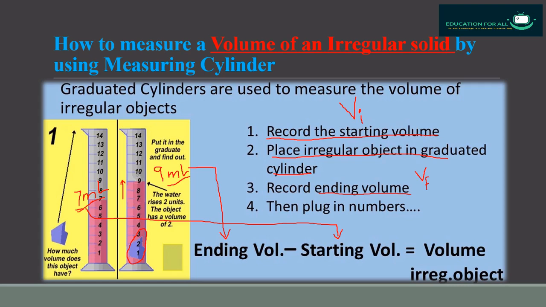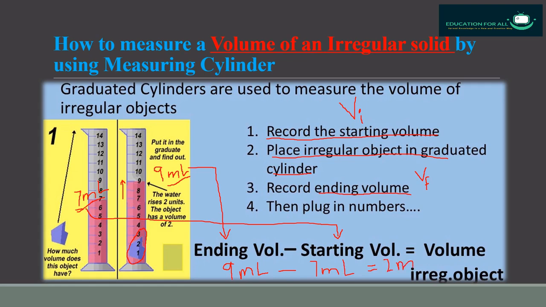After that, here there is a formula: ending volume minus starting volume. The ending volume, or final volume, is 9 ml. And the starting volume, or initial volume, is 7 ml. When you subtract the initial volume from the final volume, you will get the volume of the irregular object, that is 2 milliliters.